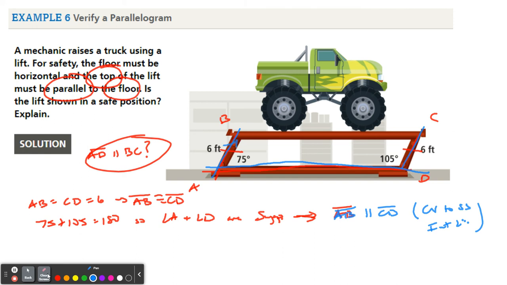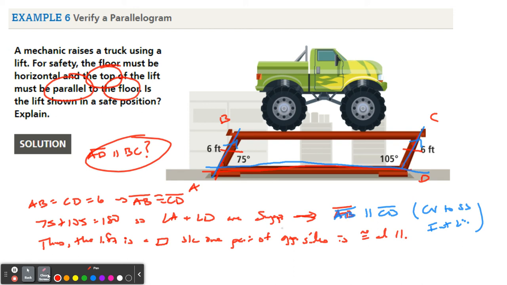Which means that this pair of opposite sides is both parallel and congruent. Okay? Thus, the lift is a parallelogram because one pair of opposite sides is congruent and parallel.